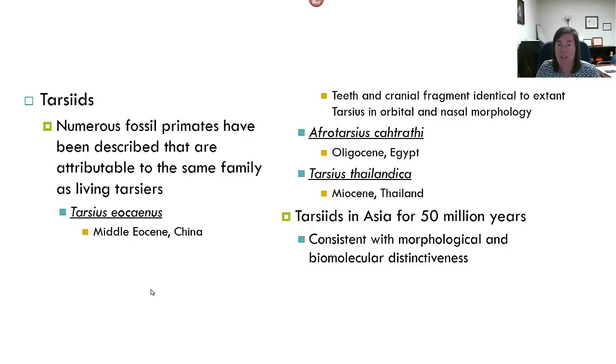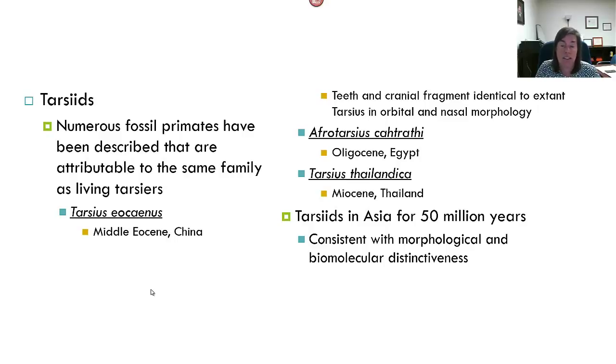We have Afrotarsius chatrathi from the Oligocene of Egypt, and we have Tarsius thailandica from the Miocene in Thailand. These tarsiid remains appear to document the presence of tarsiids in Asia for over 50 million years. So some people refer to the tarsiers as a result as living fossils because these tarsiers look just like these fossils from 50 million years ago.